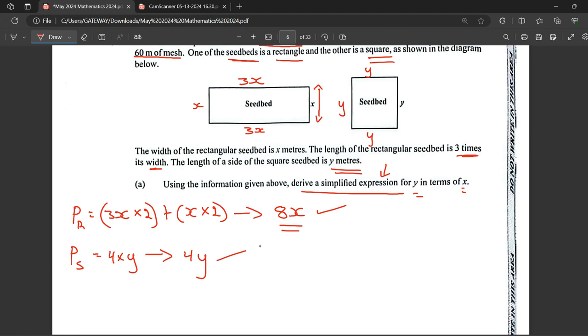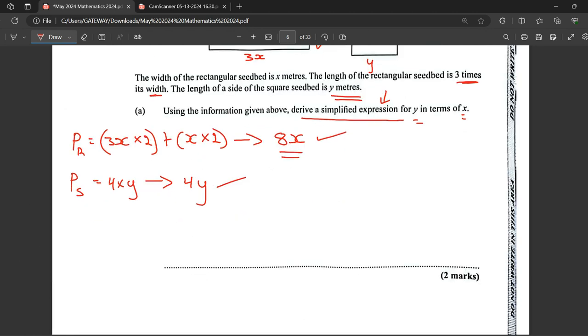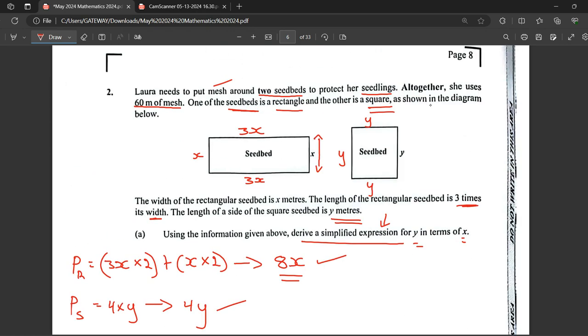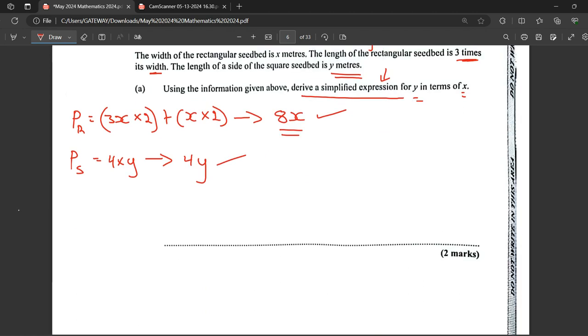So the total perimeter of the two shapes should be equal to 60, because that is the amount of mesh we have, 60 meters. Perimeter is measured in meters. So the perimeter of the rectangle plus the perimeter of the square should therefore be equal to 60.